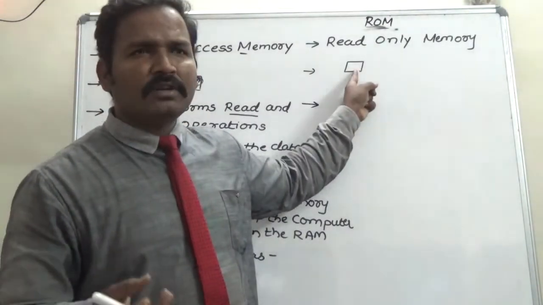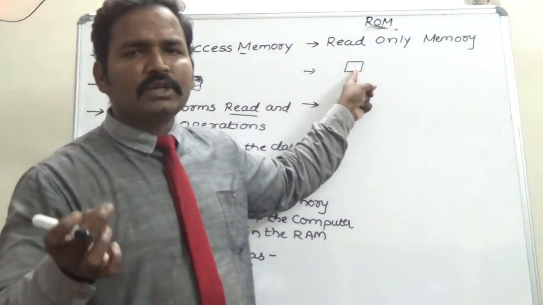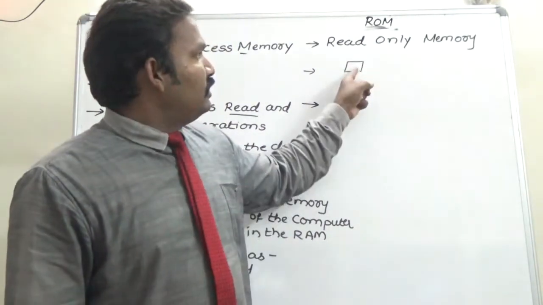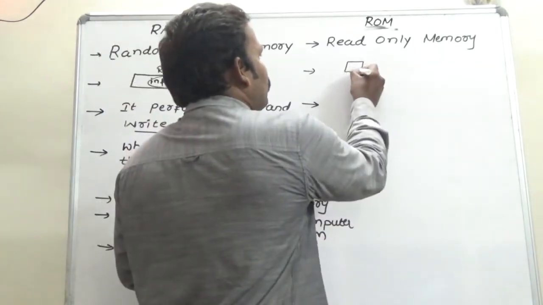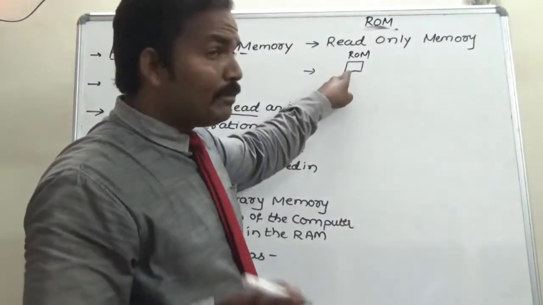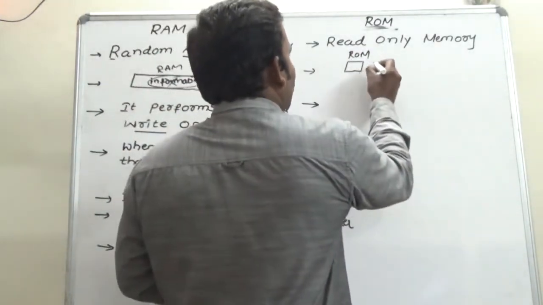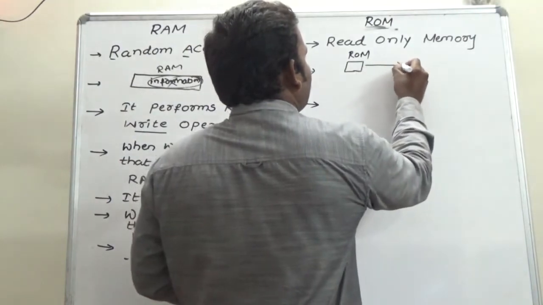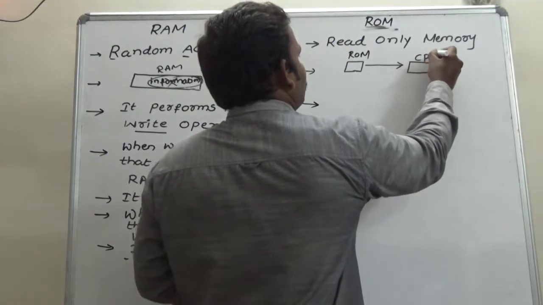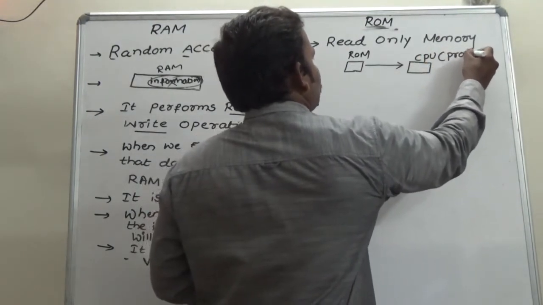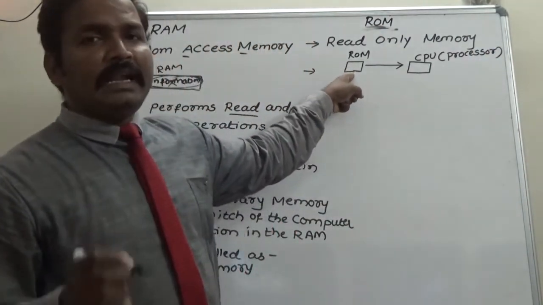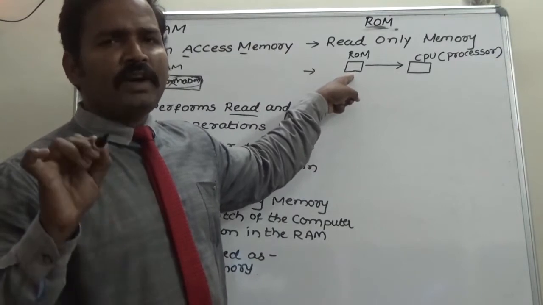And the information or data in the ROM can only be accessed by the CPU. CPU is also called the processor. So ROM contains system booting files.